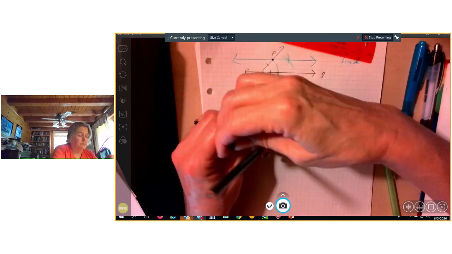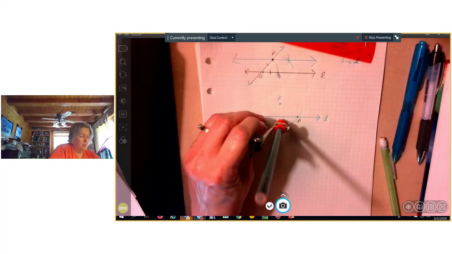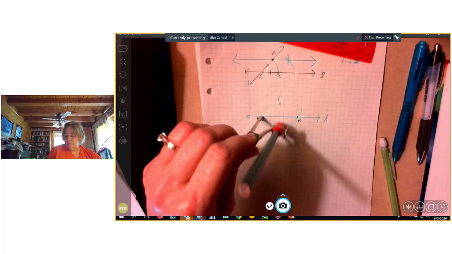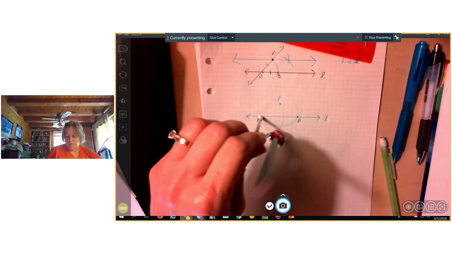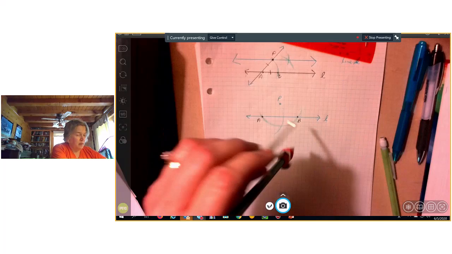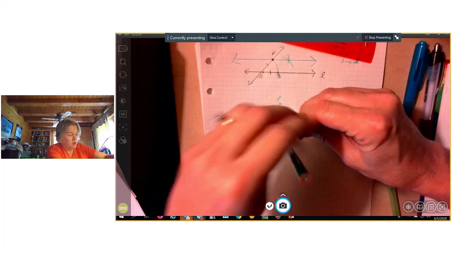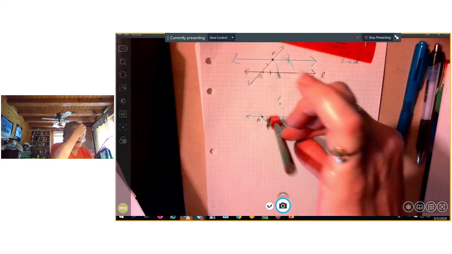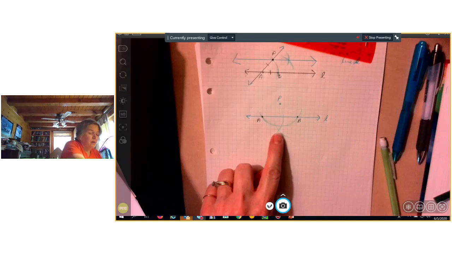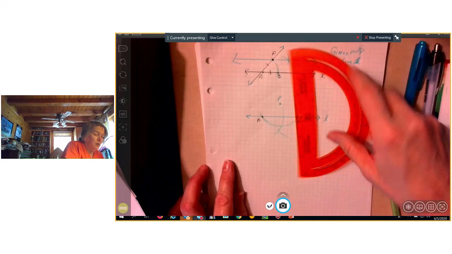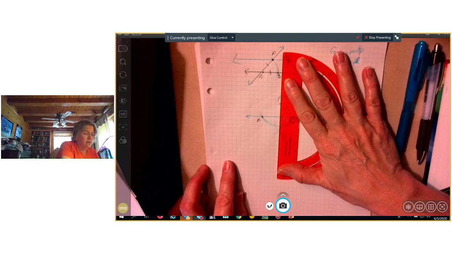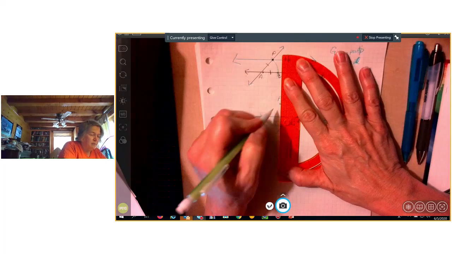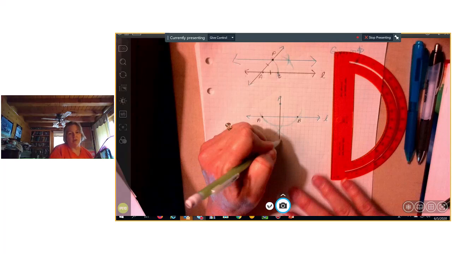And now I'm going to go to point A, and at point A, I'm going to draw an arc over, and then I'm going to go to point B and draw an arc. Now I know these two arcs don't cross right here, and the reason is because I'm going to go from point P and go through where I just did my new arc, and this is my perpendicular line that I just drew.